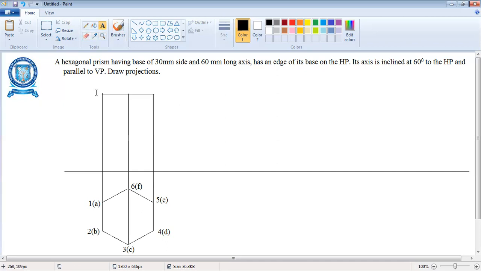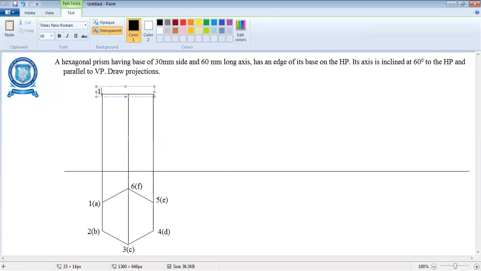To mark the points, I already told you the top face of the hexagon is 1, 2, 3, 4, 5, 6, and the bottom base is A, B, C. Mark the points: 1 dash in bracket, 2 dash, 3 dash bracket 6 dash, and 4 dash bracket 5 dash.